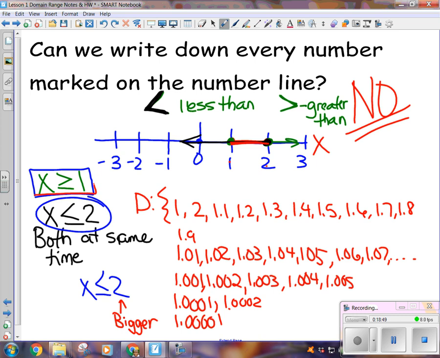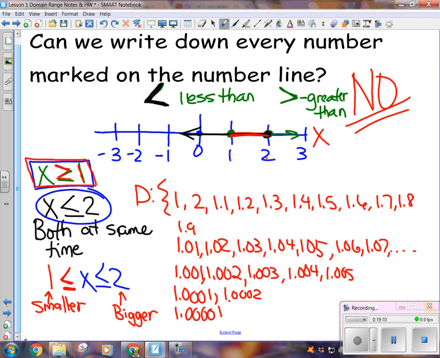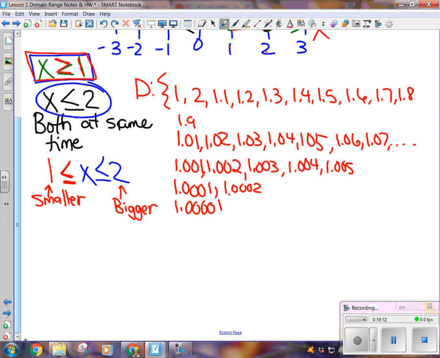And then I take this one right here, and I put a 1, and I put the x, and I notice that my symbol's pointing toward the 1, and now it's going to be backwards, so I'm going to have to flip it. It turns out that I have my smaller number on the left, my bigger number on the right, and I've got one combined inequality.